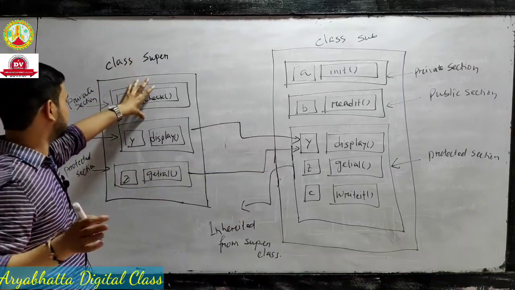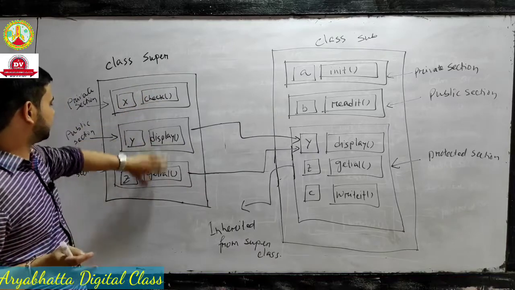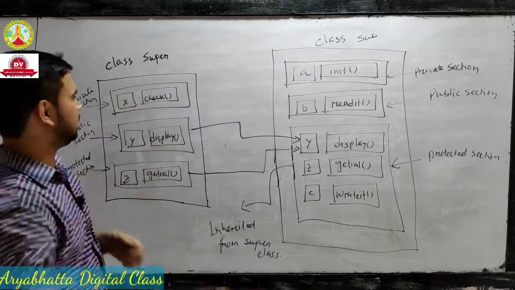You already understood this: X, Y, Z data members and the member functions get, display.